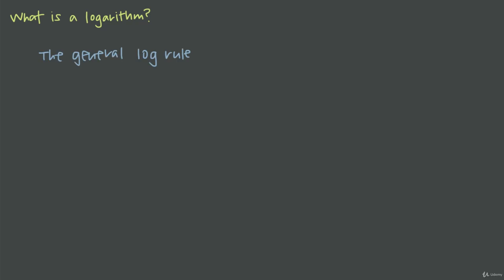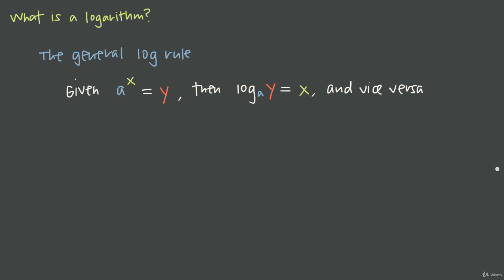Now we've already looked at converting between exponential equations and logarithmic equations, and so we want to formalize that into what we call the general log rule. The general log rule tells us that if we're given an exponential equation where we have the base a raised to the power of x is equal to the argument y, then that is equivalent to saying log base a of the argument y is equal to the exponent x, and vice versa.